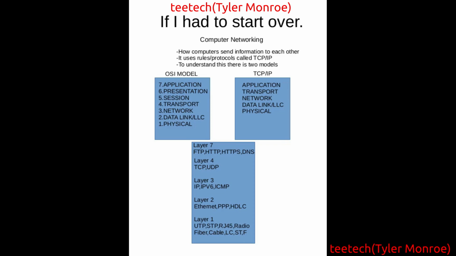And layer 2 is Ethernet and things like that, and PPP and HDLC. It handles the things with the network card, okay? And layer 1 handles all the physical stuff, like UTP cable, otherwise known as Ethernet cable, radio waves with wireless, or your fiber, and all those things that go with that.